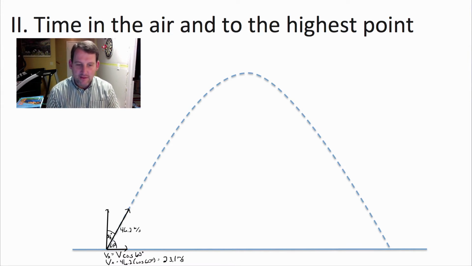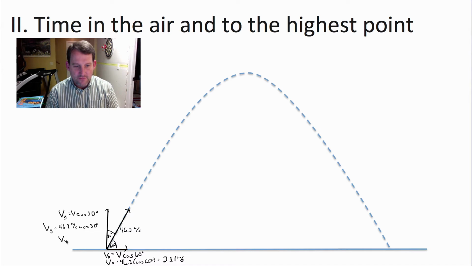Now on this side, this is the angle of 30 degrees, and this side is also adjacent to this angle. So there's V in the x, the horizontal, and V in the y, the vertical, is equal to V cosine of 30 degrees. We plug numbers in and we say, hey, v sub y is equal to 46.2 meters per second times the cosine of 30 degrees.